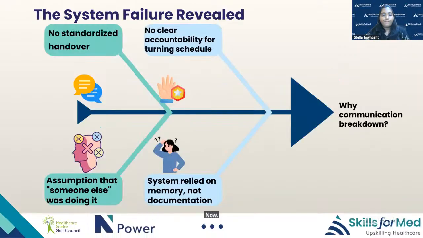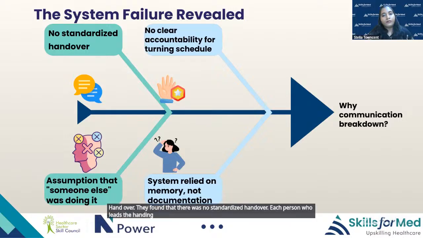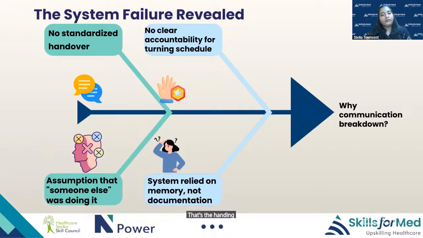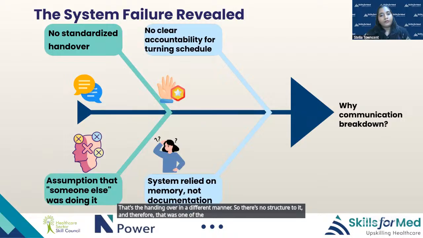Now, I'm not actually going to do a classical fishbone analysis like man, material, and all that. Once the team discussed why there was this communication failure in the handover, they found that there is no standardized handover. Each person who leads the handing over does it in a different manner. So there is no structure to it, and that was one of the reasons it was missed.